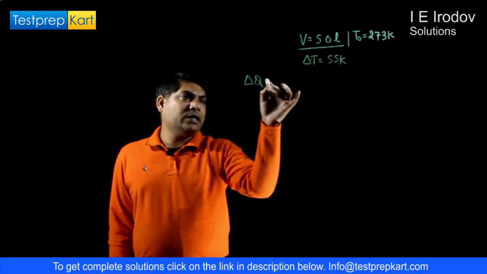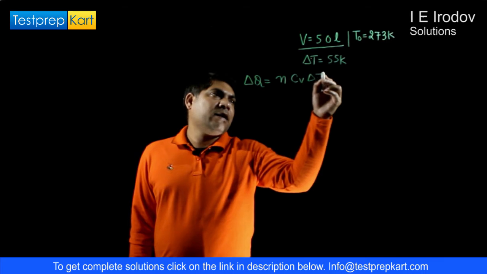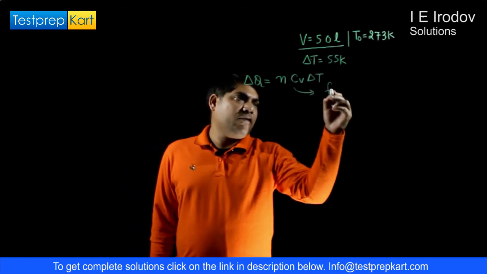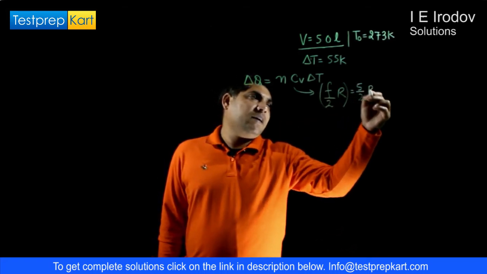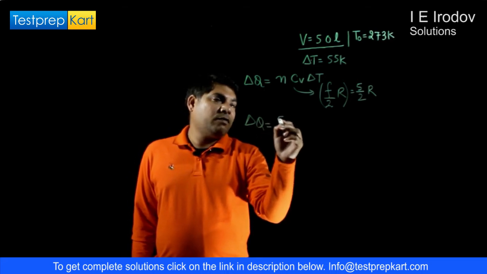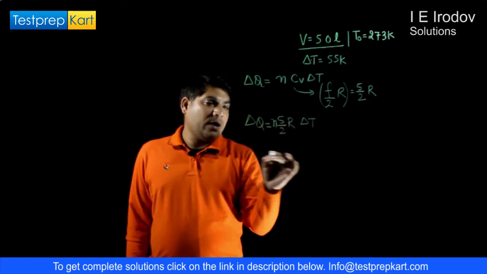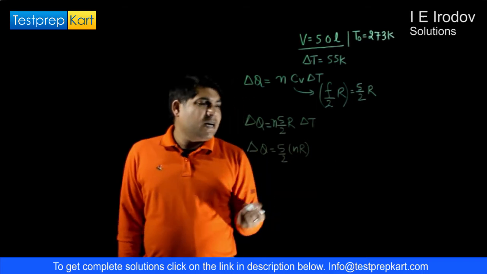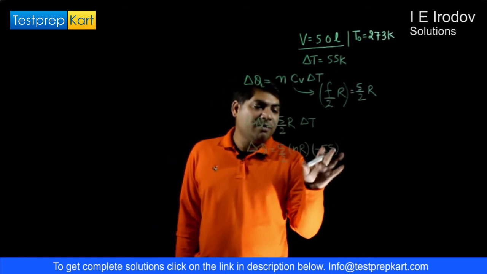So heat lost by the gas is equal to n Cv delta T. It is gaseous hydrogen, so Cv would be equal to degree of freedom divided by 2 into R. For a diatomic gas it is 5, so we can replace Cv by 5/2 R. Here we are taking n moles, so delta Q is equal to 5/2 n R delta T. This is being cooled, so we take minus 55 kelvins.